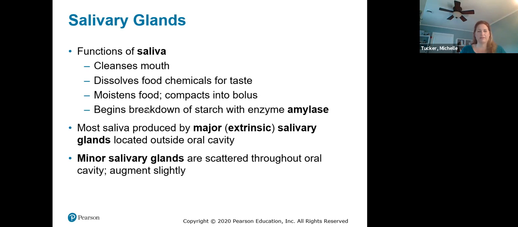Most saliva is produced by the three major extrinsic salivary glands. These are very large salivary glands located outside of the oral cavity that then dump their contents into the oral cavity. There are also some minor salivary glands called buccal glands that are scattered throughout the oral cavity.